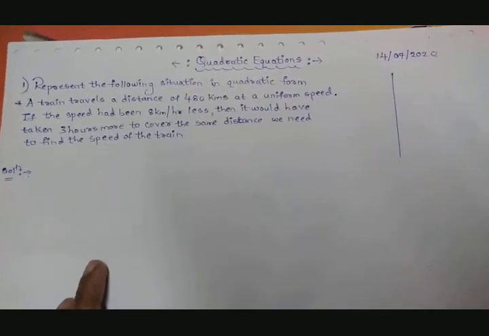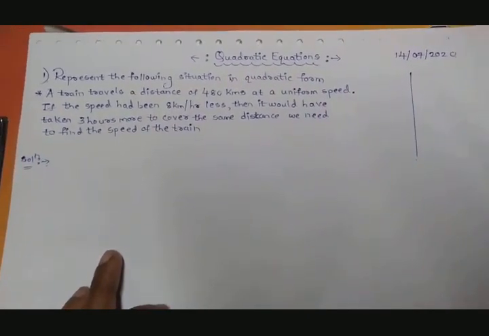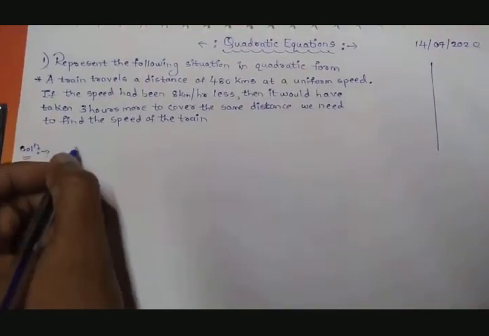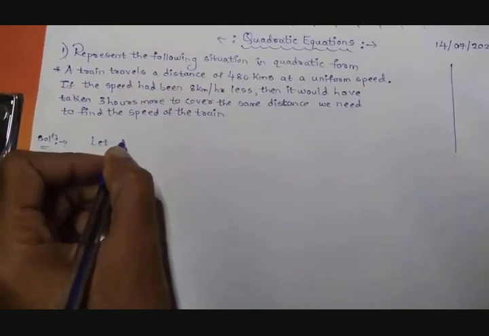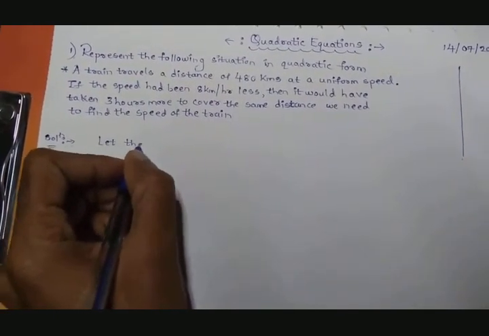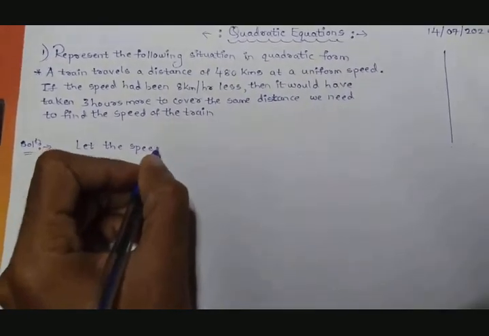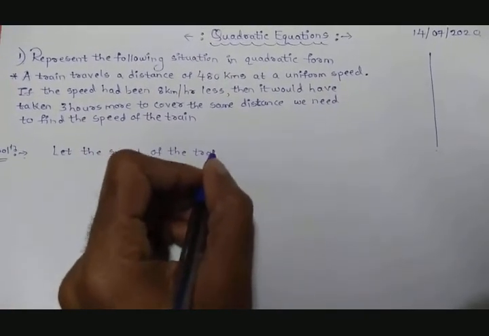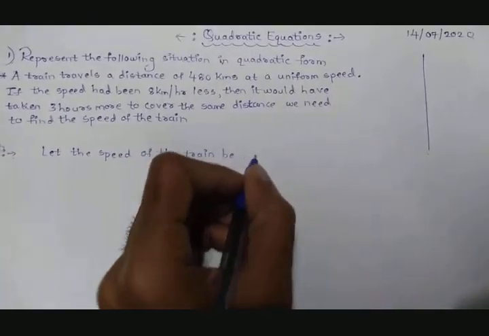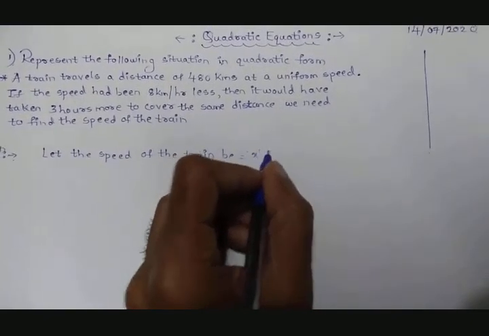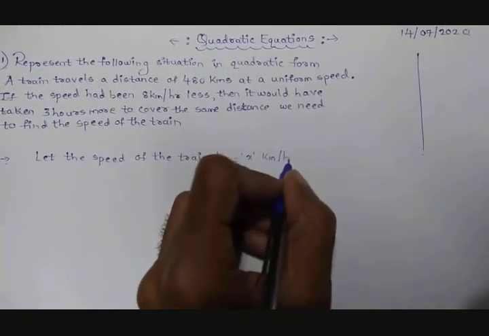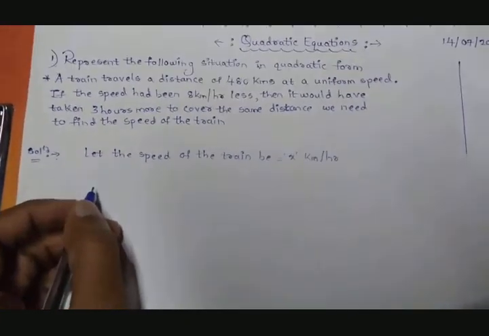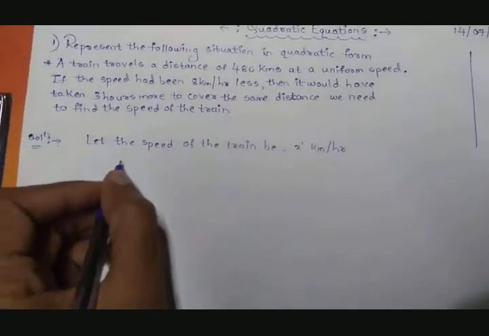So since we need to find the speed of the train, let us assume the speed of the train to be x kilometers per hour. Let the speed of the train be equal to x kilometer per hour, and the total distance covered by the train is 480 kilometers.